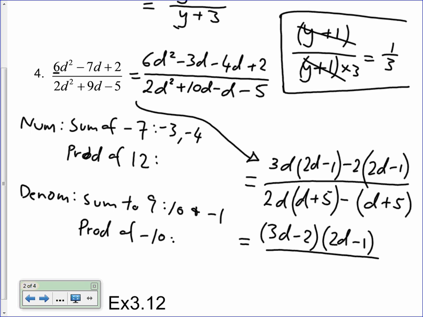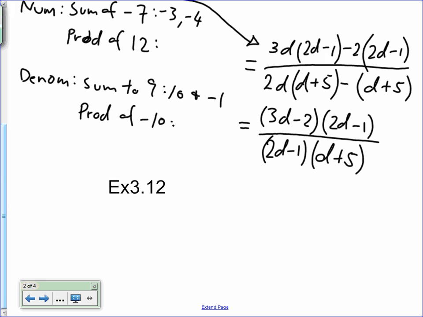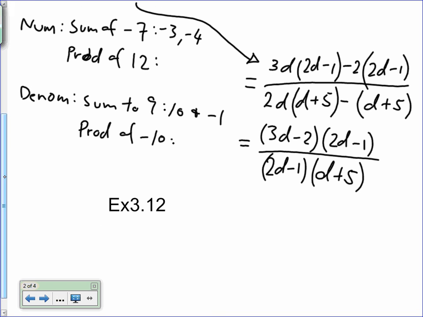And the new denominator is 2d minus 1, d plus 5. Alright, what cancels out is this one. That cancels out. And so what we end up with is 3d minus 2 over d plus 5.